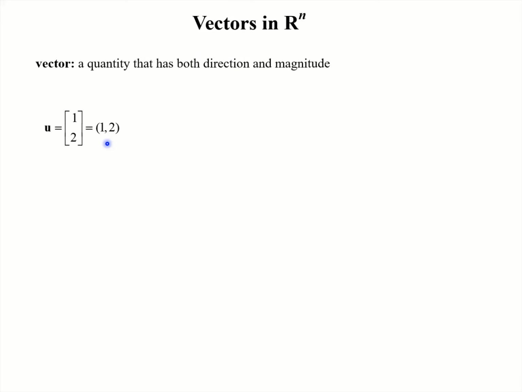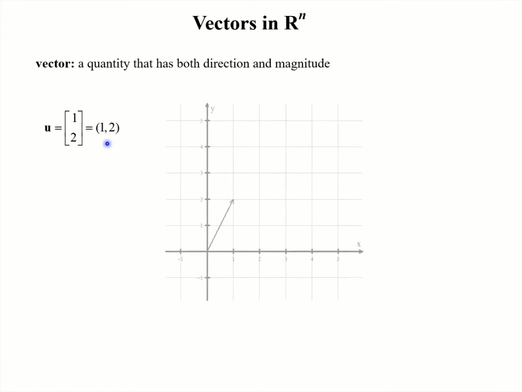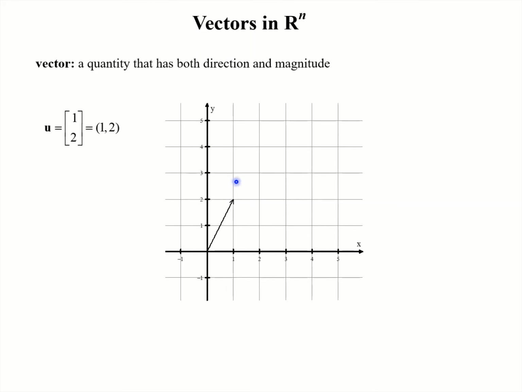So let's take a look at what this vector looks like. And once again, for a lot of you, this is going to be a bit boring because you've seen this in an earlier physics class or a math class. That's what the vector looks like. 1, 2, you plot the point 1, 2, and that becomes the head of the vector.